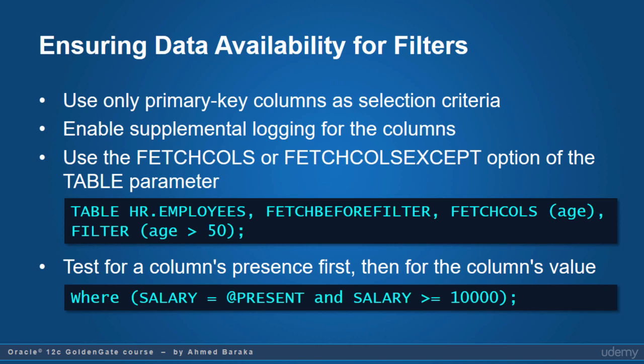Those options instruct the source database to fetch the values of the columns if they are not present in the log. The fetch before filter option retrieves the column values before the filter or where clause is executed. The slide is showing an example of using those options. Finally, use the present column test to check whether the column is referenced by the current operation or not.